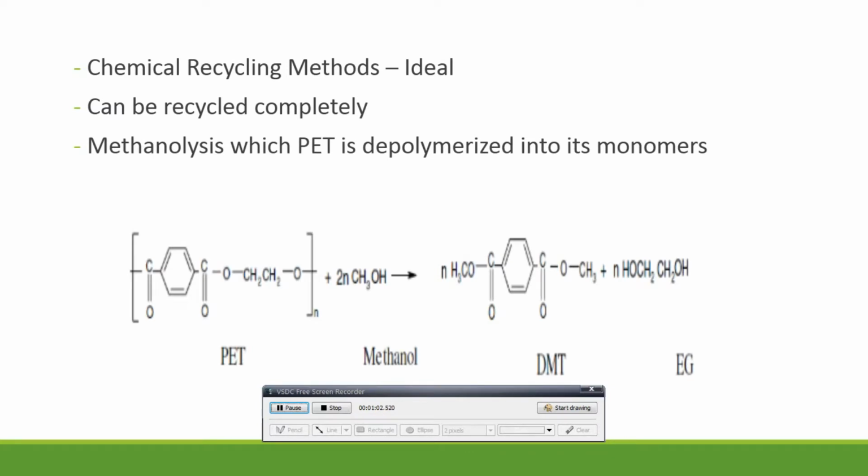PET could be recycled completely and thus is the most suitable for a recycling-oriented society. Therefore, chemical recycling by depolymerizing PET has been gaining greater interest as a recycling method.